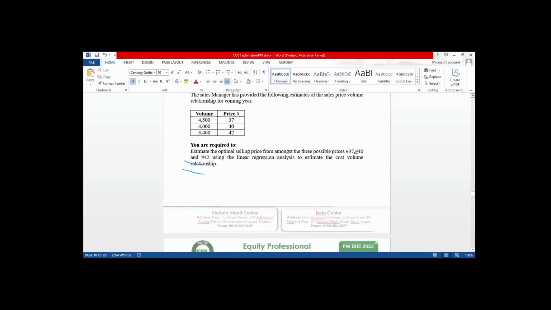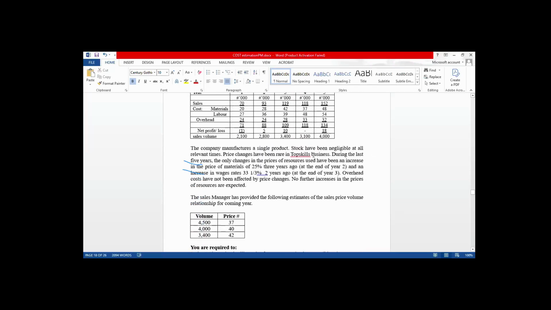Let's go back to it. Look at the notes. An increase in the price of materials of 25%, 3 years ago. That means at the end of the second year, material increment stopped.